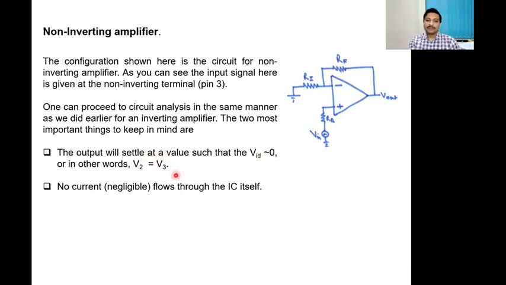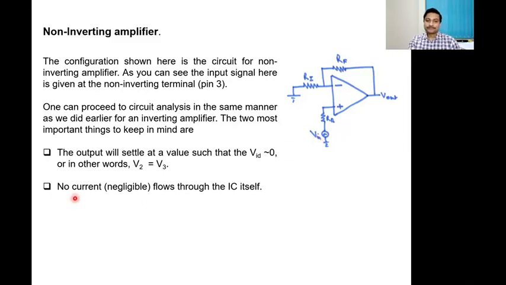That's what the negative feedback does. So in this case, since the voltage at pin number 3 is going to be V in, pin number 2, V2, will not become a virtual ground; rather it would try to settle down at a value which is the same as V in.